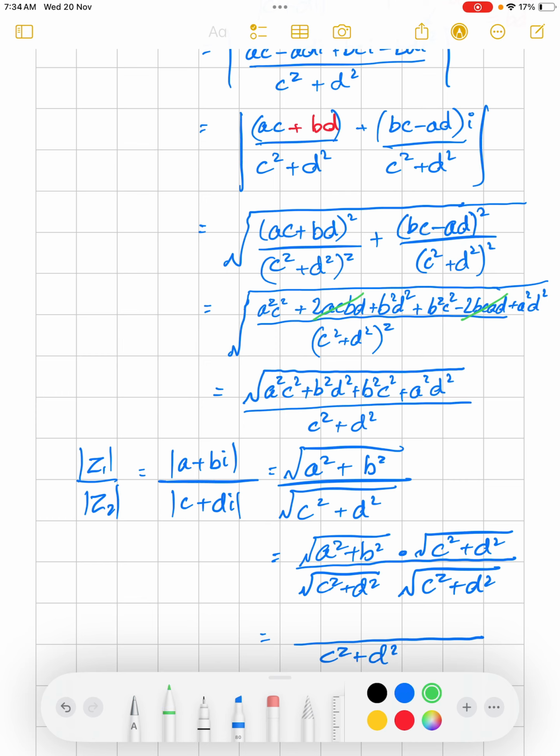The square root times the square root is still the square root of the product. And we've got A squared times C squared, A squared times D squared, B squared times C squared, and B squared times D squared.